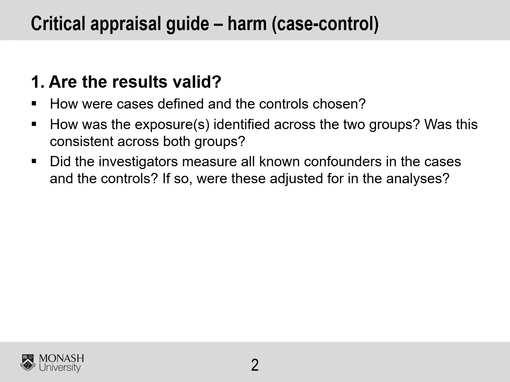So question 4, did the investigators measure all known confounders in the cases and the controls? So basically this is looking at selection bias in terms of how participants or the case controls were selected. So quite often for case control studies, you may find a little bit of ambiguity or differences between the cases and controls.